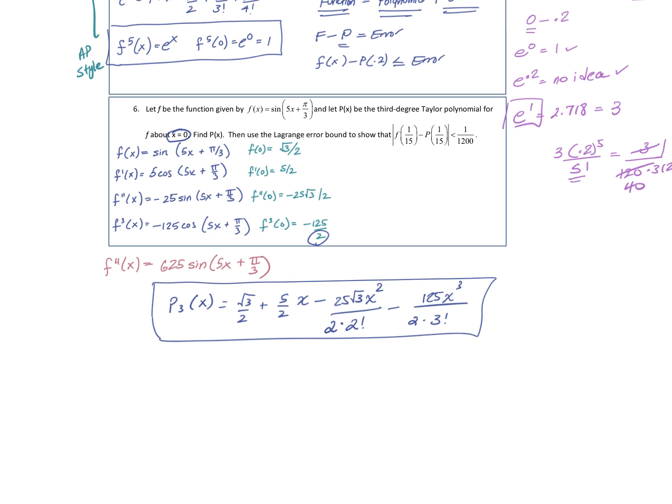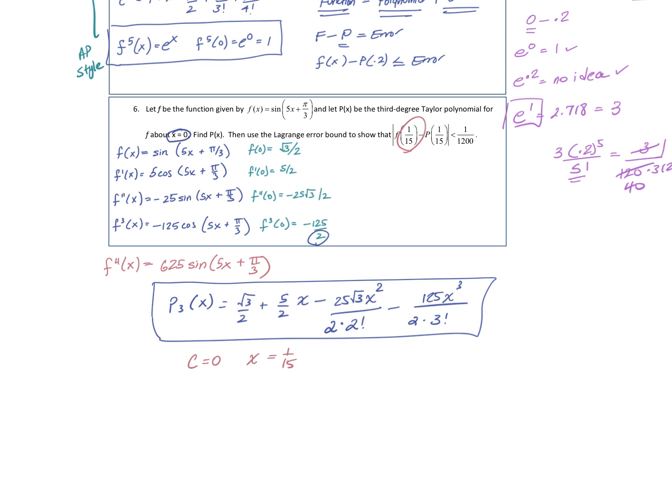All right, so let's do the error. Now, again, remember the error is going to be one more derivative than what they're asking for. So let's see what they give us. We still know the center is 0. We know that x is 1 over 15. That's given in the question here.